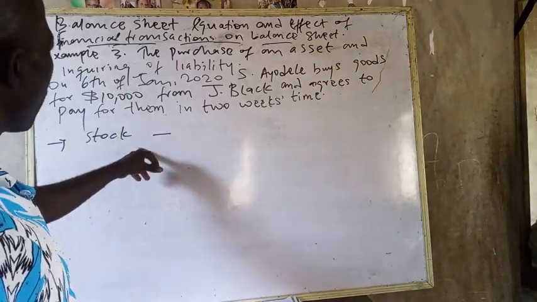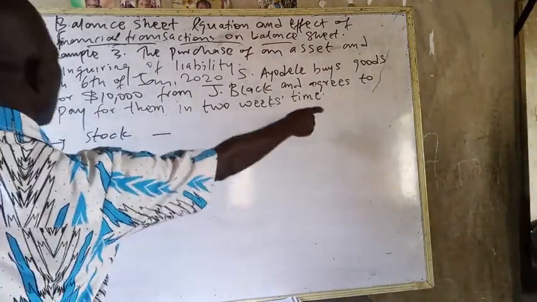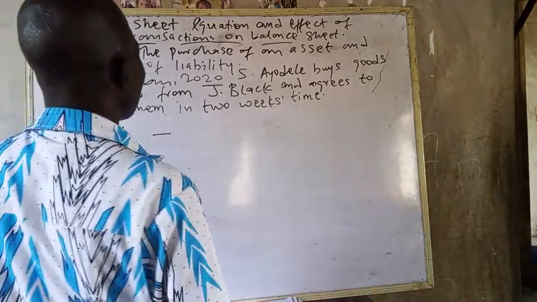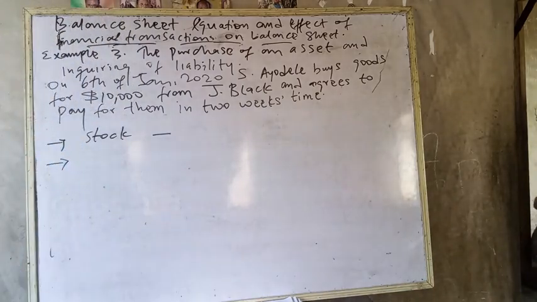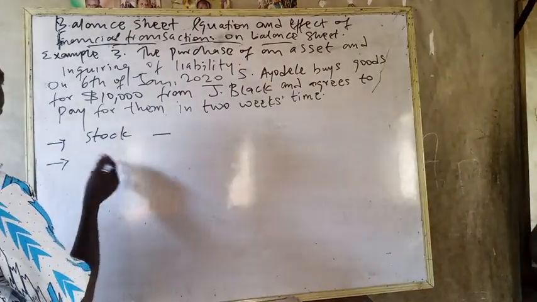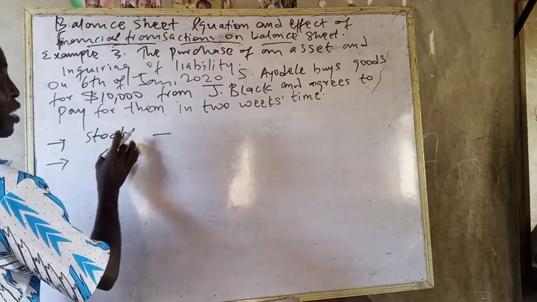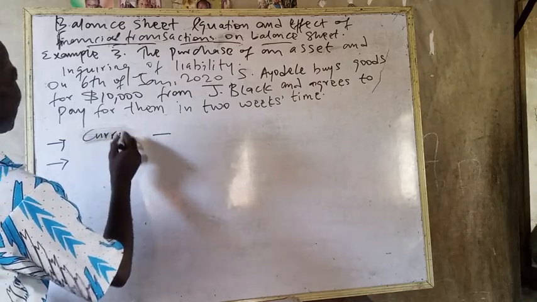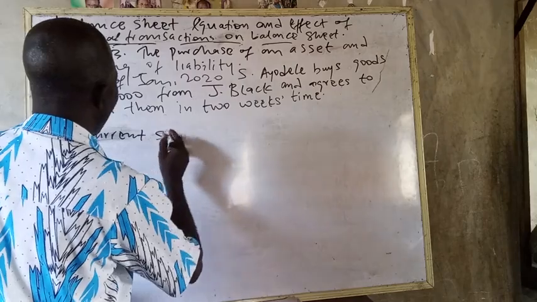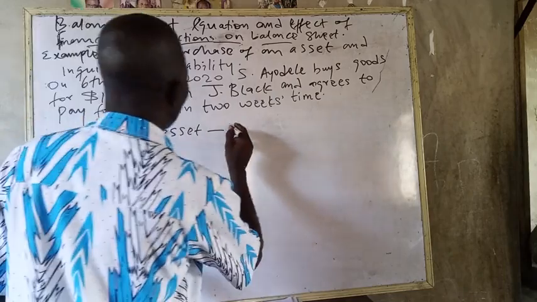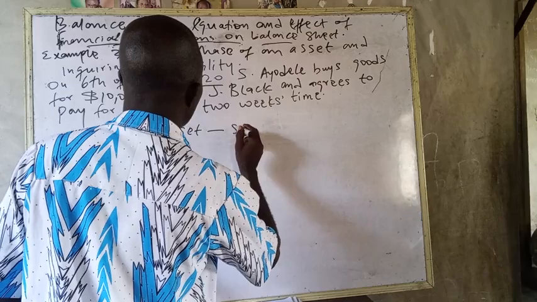So this affects stock because of the purchase of goods. Secondly, because the goods were purchased on credit, the liability now comes. This is a current asset. This affects current assets, under inventory or stock.